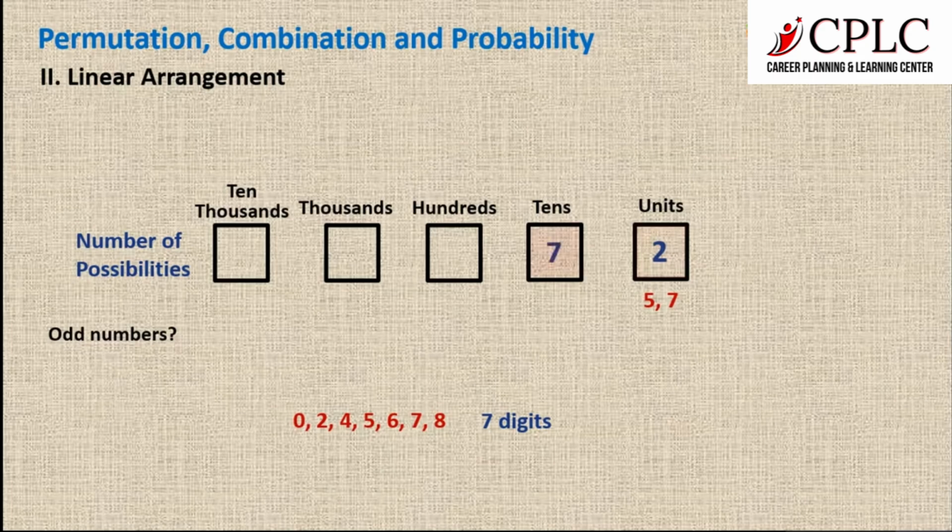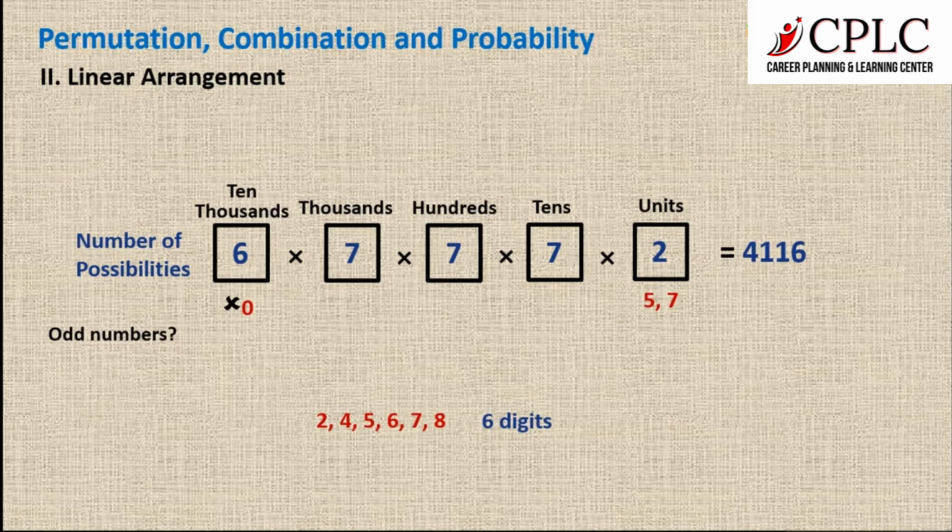After that, everywhere except the 10,000s place and units place, whether it is the thousands, hundreds or tens place, all the 7 digits can come there because repetition is allowed. Now all you have to do is multiply everything. When you multiply, you get the answer as 2116.